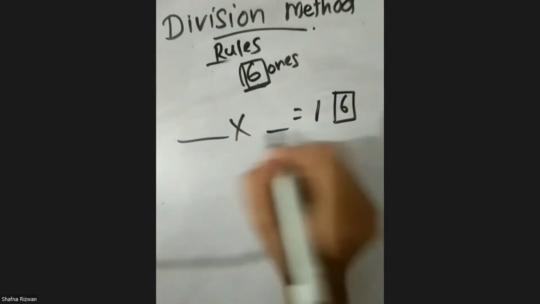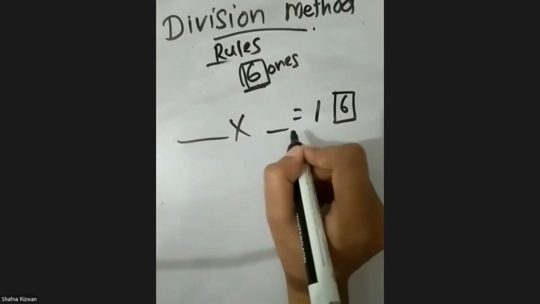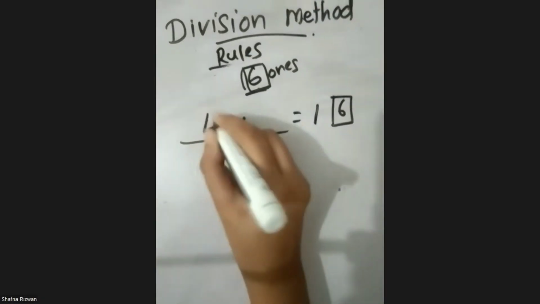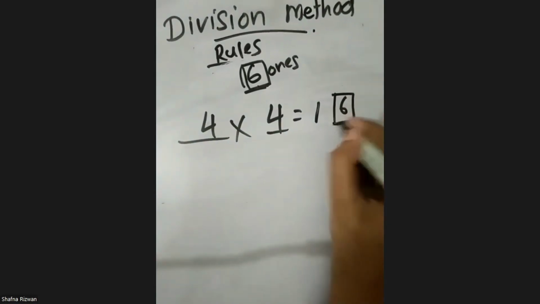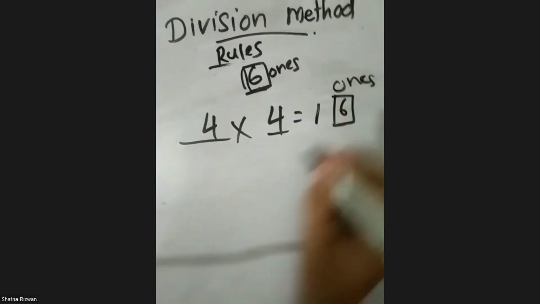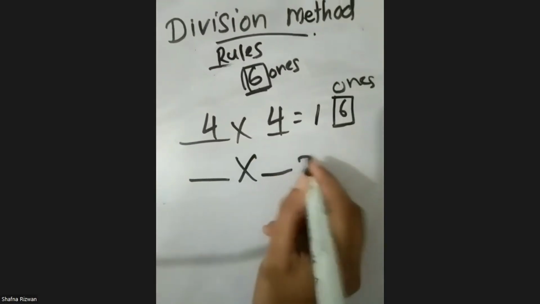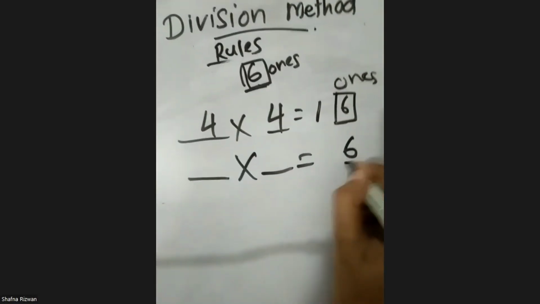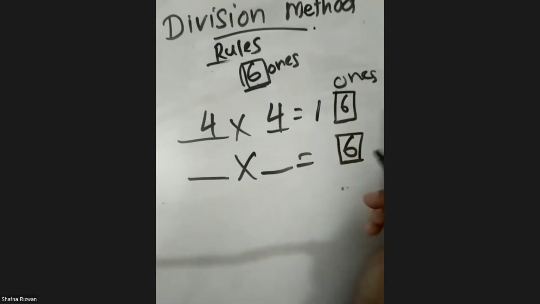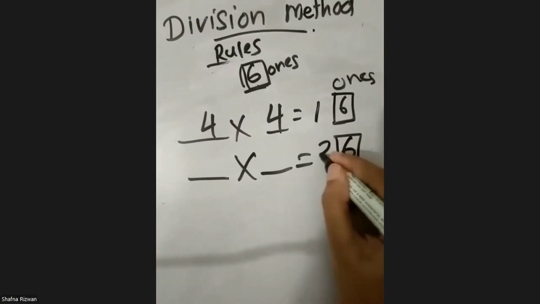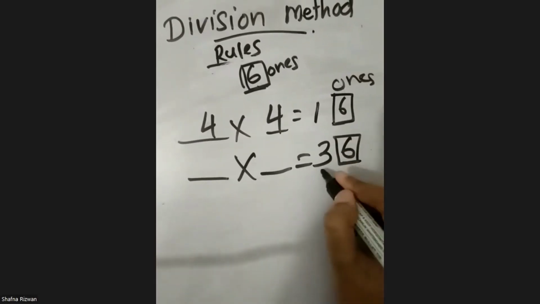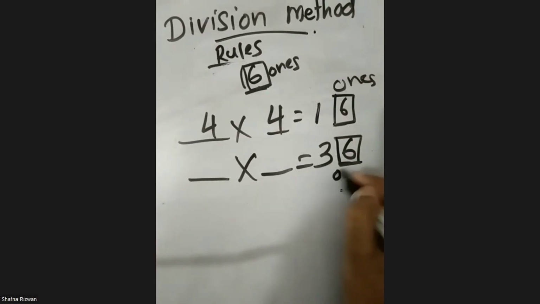What are the two numbers you can multiply to get 16? That is 4 multiplied by 4, which gives you 16. Another such number is 36. If you take 36, what's the digit that you have in the ones place?